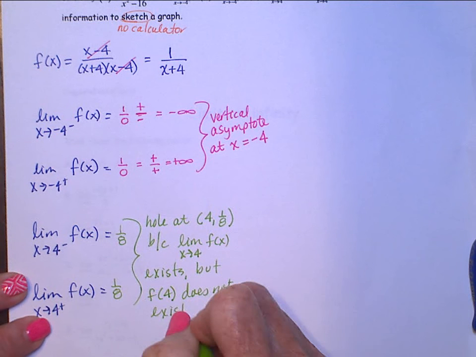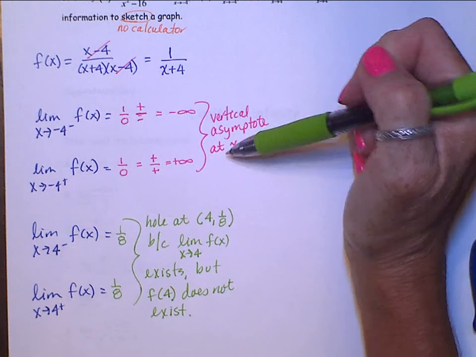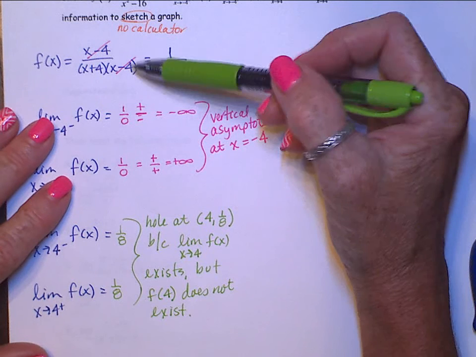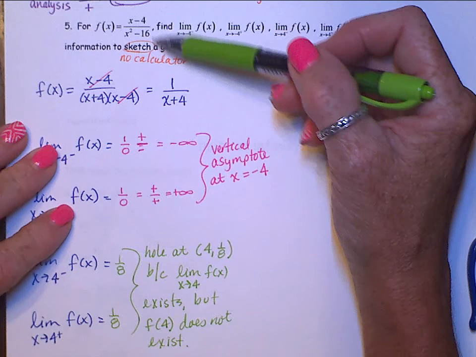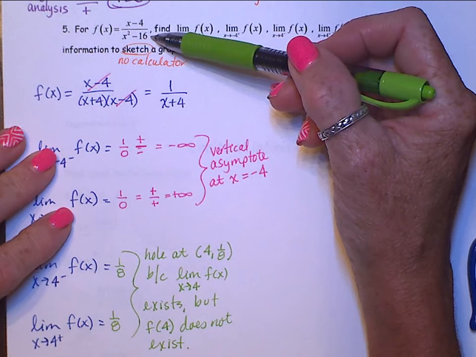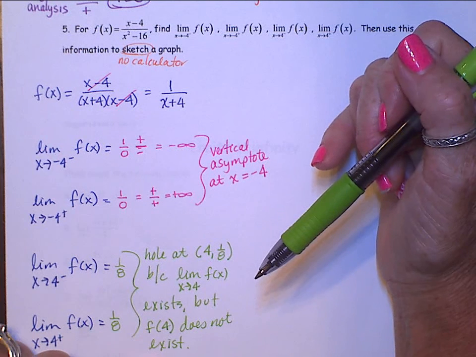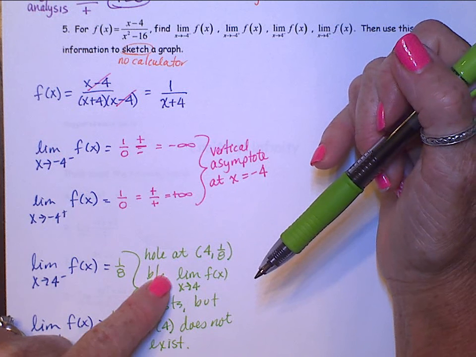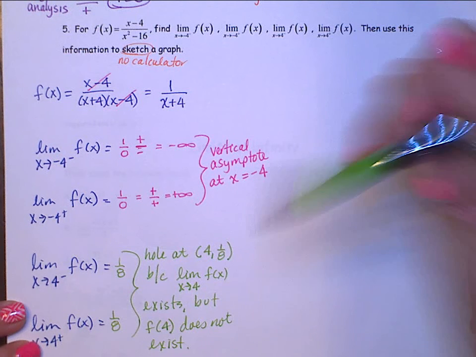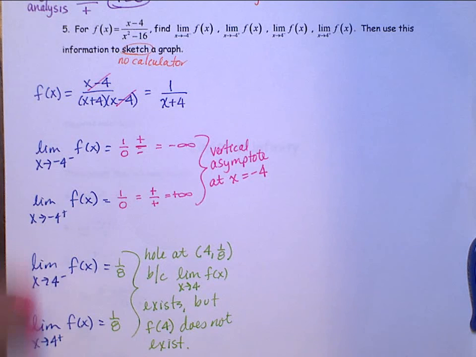Go back up to the beginning, x equals 4. You cannot substitute in x equals 4 because you get a 0 in the denominator. So the function does not exist there, but the limit does. There's a hole. And you'll see that a little bit better when we sketch the graph.